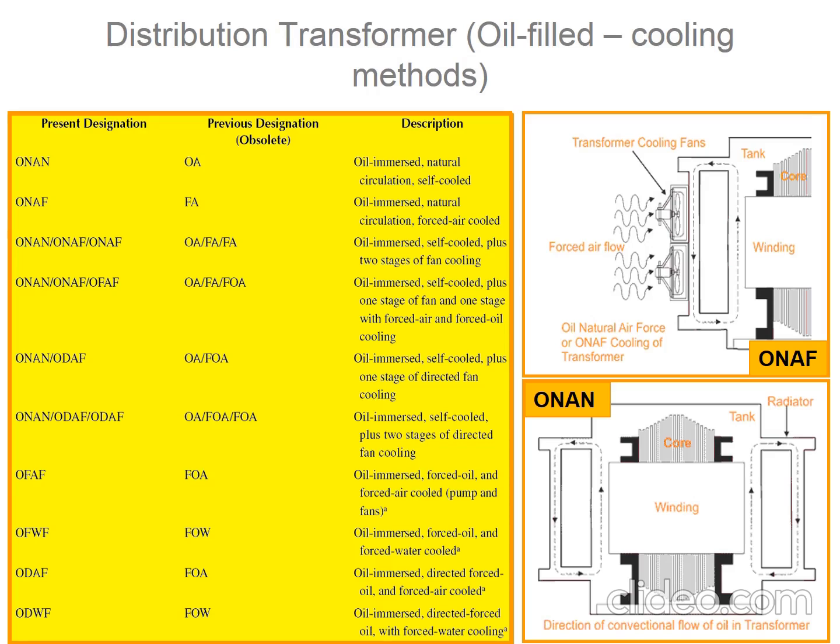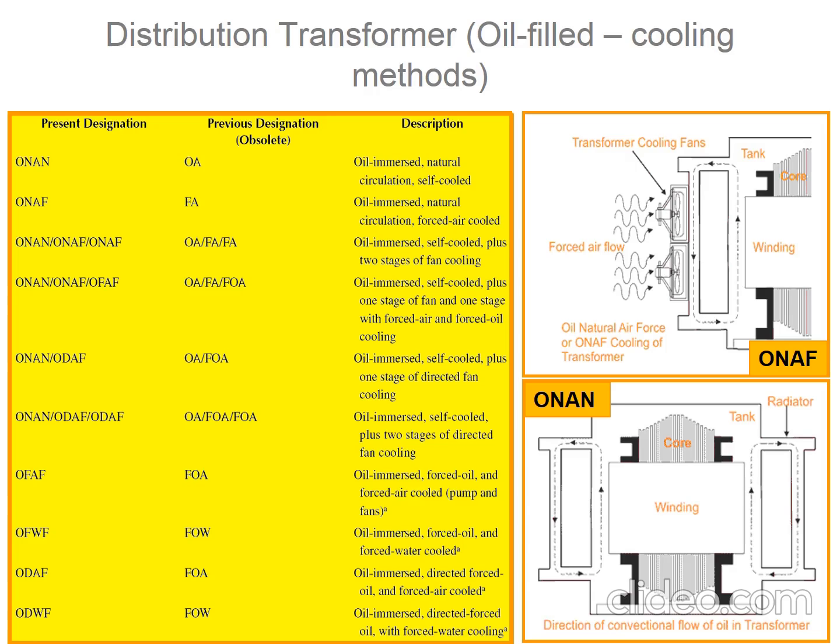These are the oil filled cooling methods. There are two types usually used for distribution transformers. The first one is ONAF and the second one is ONAN. ONAF means oil natural air forced, and ONAN means oil natural air natural. For ONAF, the oil is circulated without any forced measure, but the air is blown through fans.